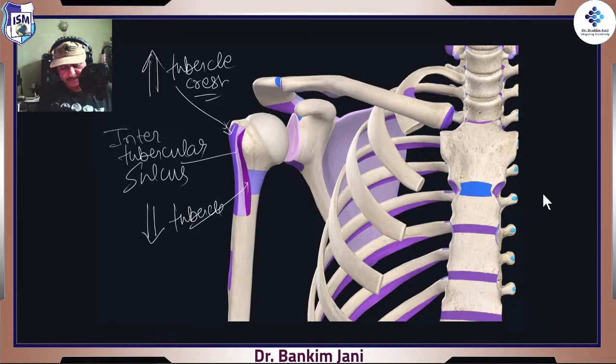And what is that? Lesser tubercle's crest. So crest of lesser tubercle, crest of greater tubercle, and in between is the valley. In that valley would be traveling the long head of biceps.